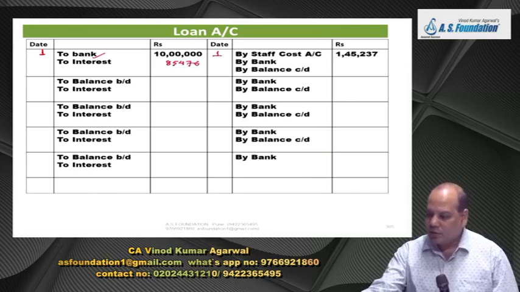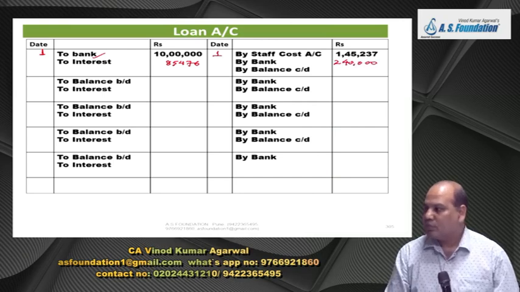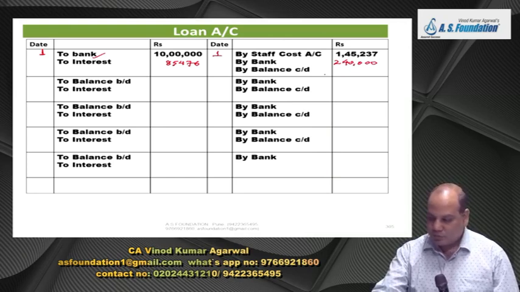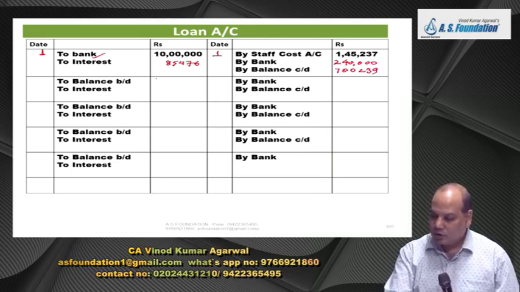Yes, and by bank 2,40,000. This is the amount received. By balance carried down. Either you calculate it or it will appear in that amortization schedule also, last column. How much is that? 700,239. Is it right? Now repeat 700,239. Keep that amortization table where you will get the interest calculation also.